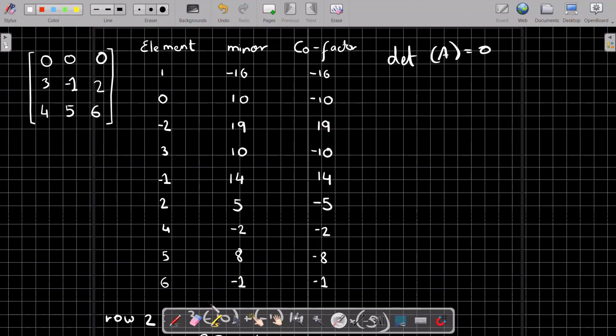The same case applies along any row or column, assuming all the elements in that row or column are 0. The same logic can be applied because you can expand the determinant along any row or any column.